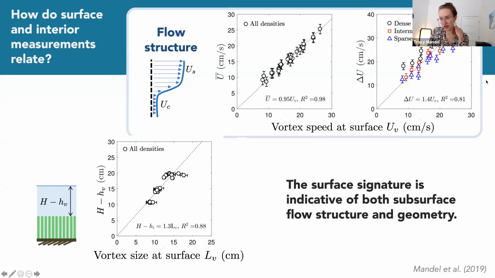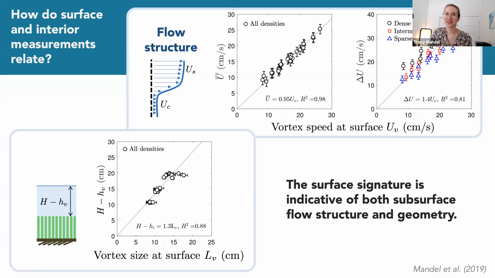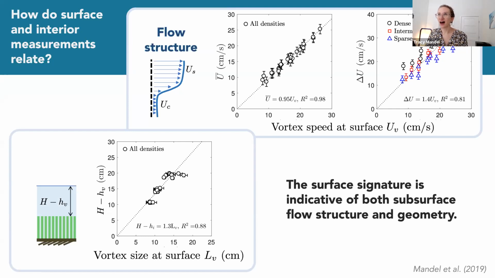And what we found, we could compare these. Looks like I failed a little at my animations. So we could look at the flow structure. We'll look at that first. So I showed this kind of sketch of what the mean velocity over depth looks like in a seagrass canopy.